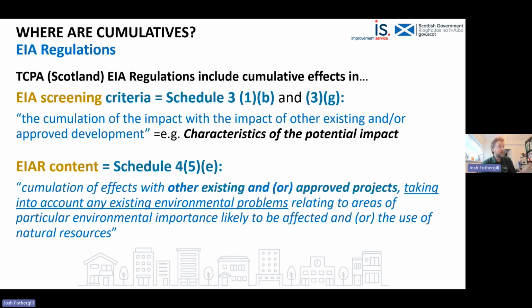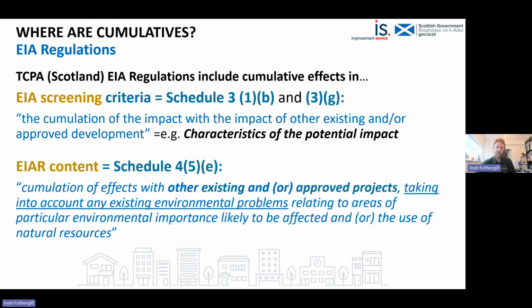Now, the regulations, you'll see in both cases here, talk about other existing or approved development. So in theory, and this was one of the intended changes in the 2017 regulations and from the 2014 change in the European directive, was to try and streamline the process, try and give a bit more focus to our consideration of other projects. So the regulations are saying, well, let's try and limit these to other existing or approved projects.